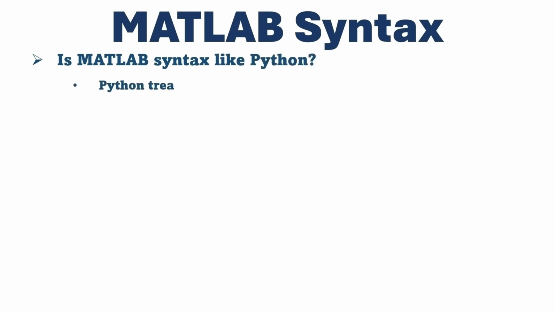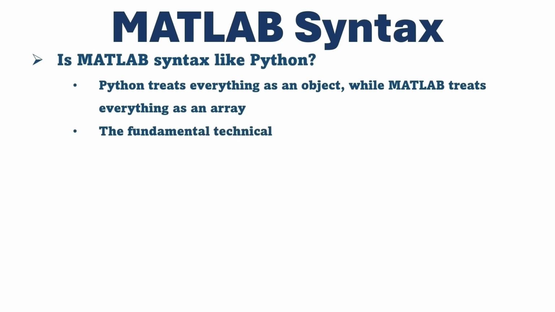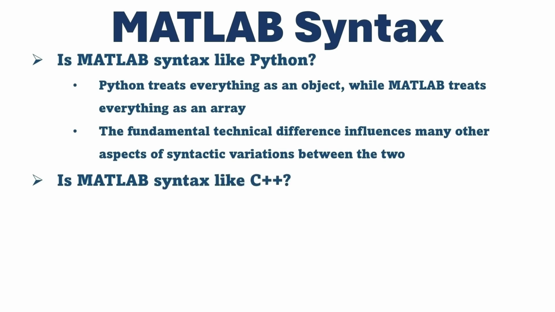Here is the answer. Python treats everything as an object, while MATLAB treats everything as an array. This fundamental technical difference influences many other aspects of the syntactic variations between the two. And again, the second question might be: is MATLAB syntax similar to C++? Here is the answer.